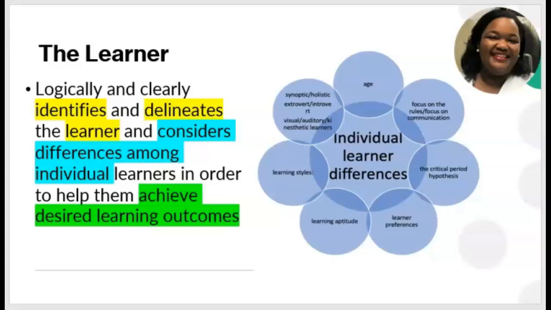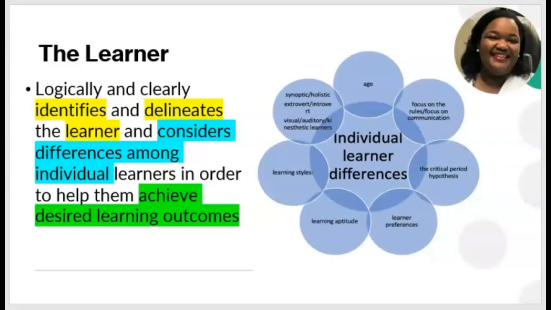All of that relates back to the different characteristics that they present to you on a day-to-day basis. So not only are you identifying the differences, but you're delineating them, describing them, giving life to the words that you're saying, individualizing them.